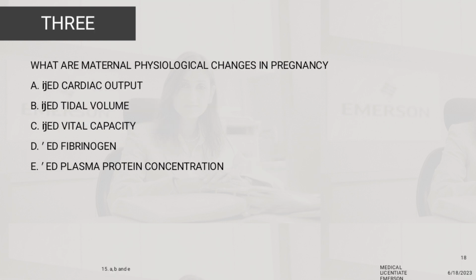Okay, then what are the maternal physiological changes in pregnancy? There will be an increased cardiac output, an increased tidal volume. Then the other thing we said will be an increased plasma protein concentration.